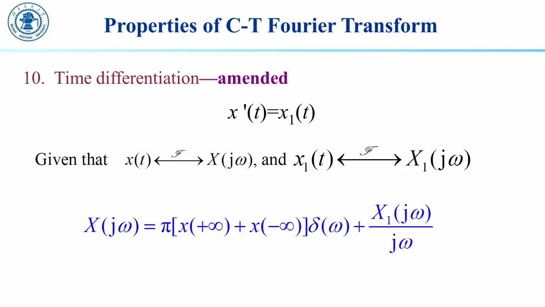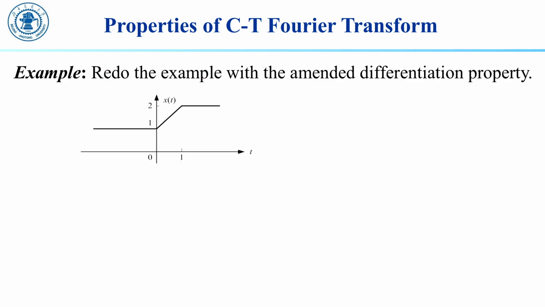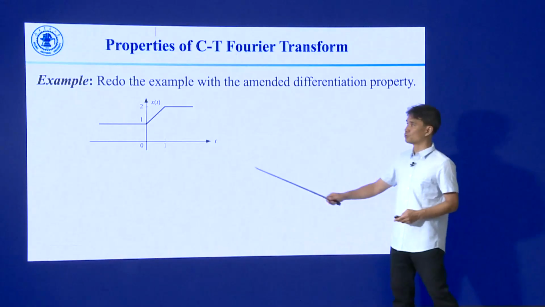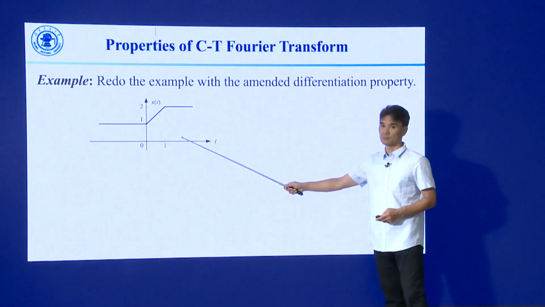So if there's some direct current components in the original signal, then we need to have an extra term about delta function. So using this modified time differentiation property, we can try to redo the previous example.